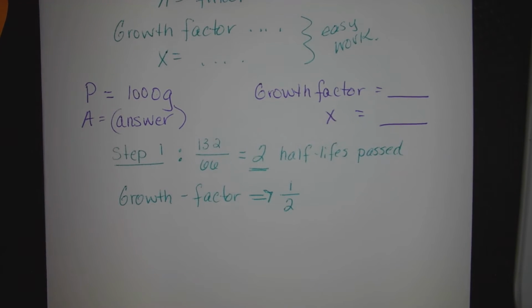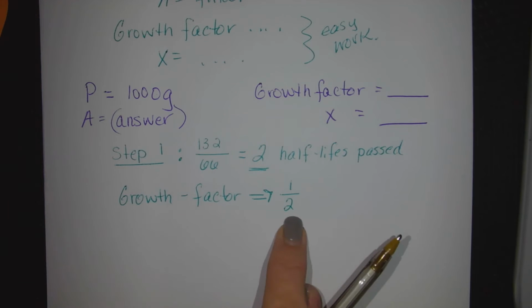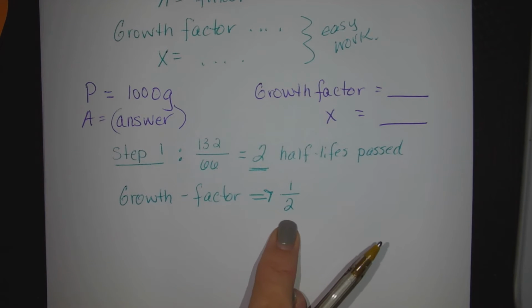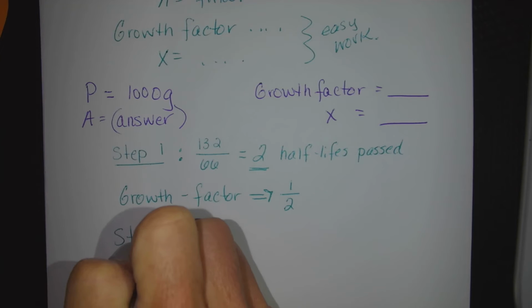Right, or if I'm doing exponentially, I'm going to say double. So you have an item and it has a half-life, okay, that's a half. Or instead of a half, it'll say the opposite, which is double. So if it was double, this wouldn't be a half, it would be 2. Okay, so the growth factor is we're dealing with half-life. So final step here, step 2.